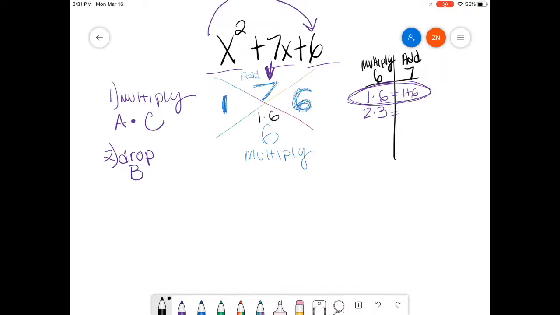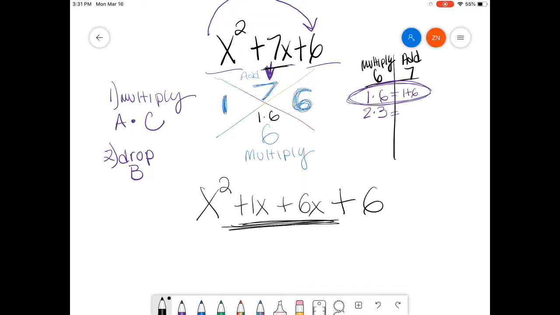So if I write this out, I have my x squared, and then I still have my plus 6. But in between here, I'm breaking apart this 7 into 2 things, 1x and 6x. Where did I get those? My factoring, 1 and 6. As you can see, if I combine those together, I would get 7, and that's my original problem.